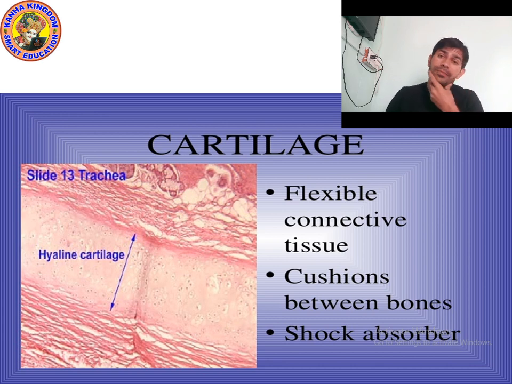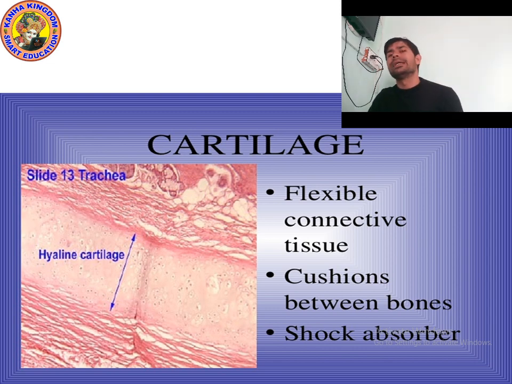A few seconds ago, I told you the definition of tissue: a group of cells. So cartilage is a group of cells, but it is flexible. It is not as hard as bone. So what is the work of cartilage?